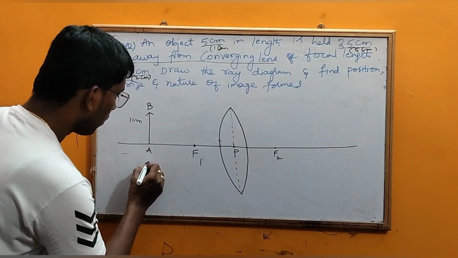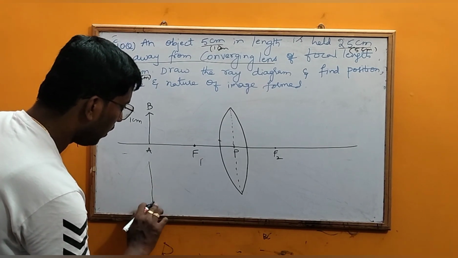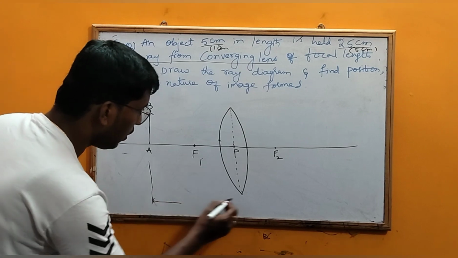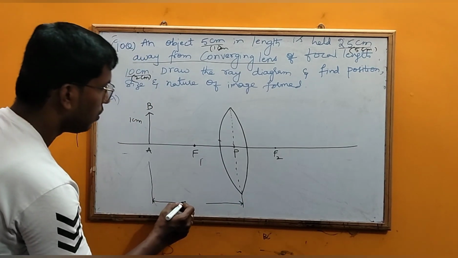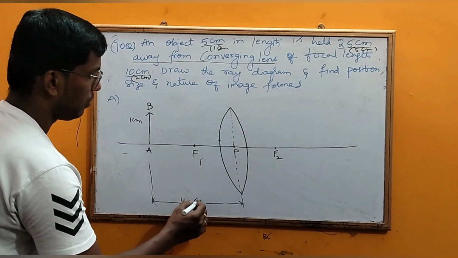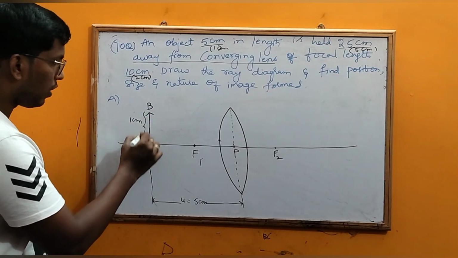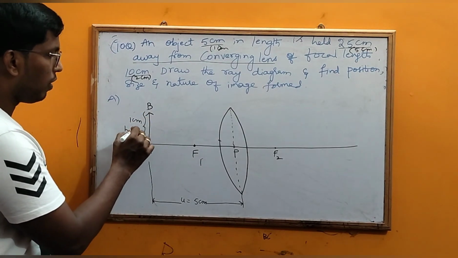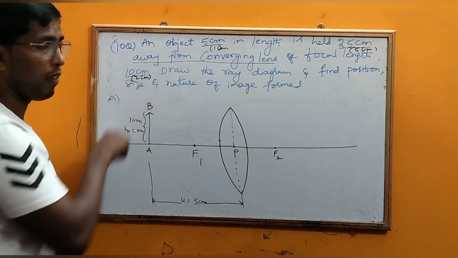See now, from here to the object, this is the object. From here to here, what will be the distance? Object distance u is equal to how much? 5 centimeter. Understood? And this height of the object, how much? 1 centimeter, but actually it is 5 centimeter.